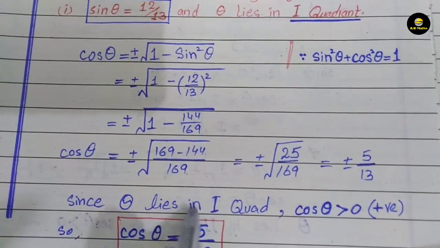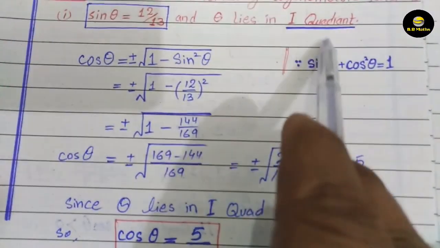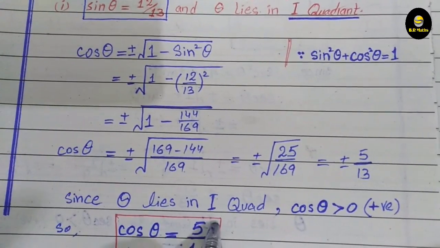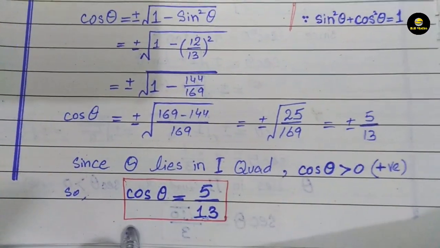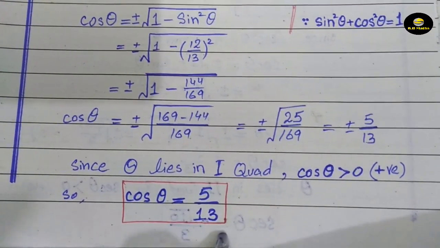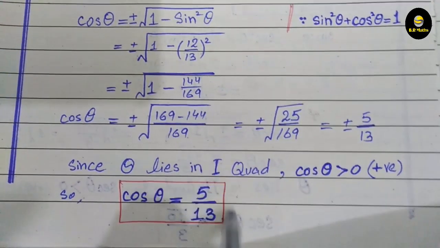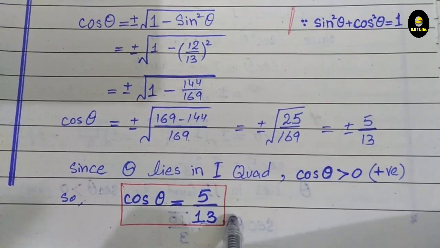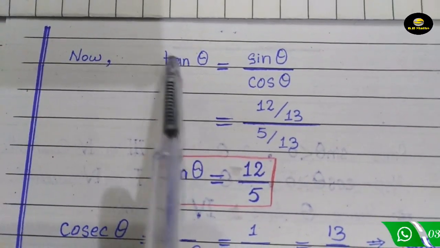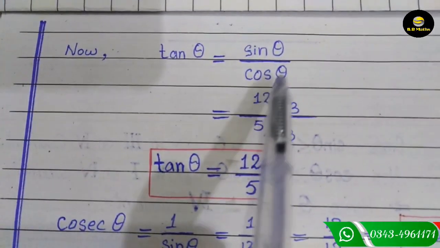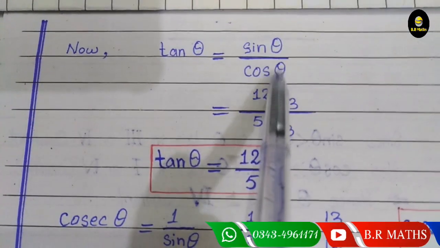Since theta lies in the first quadrant, which is given in the question, and in the first quadrant cos theta is positive, cos theta is equal to 5 over 13. Ignore the negative sign. Now the second one: after finding sine and cos theta, the formula of tangent is sine theta over cos theta.